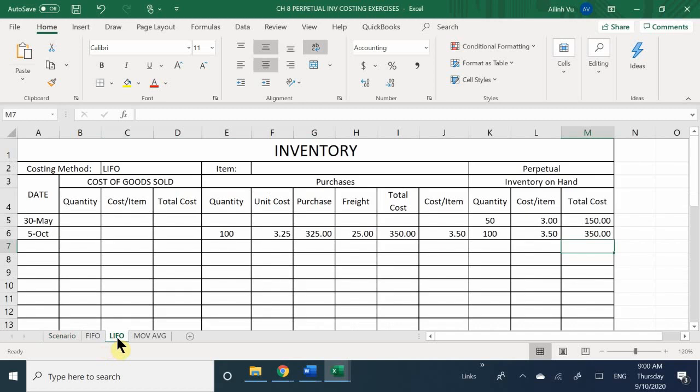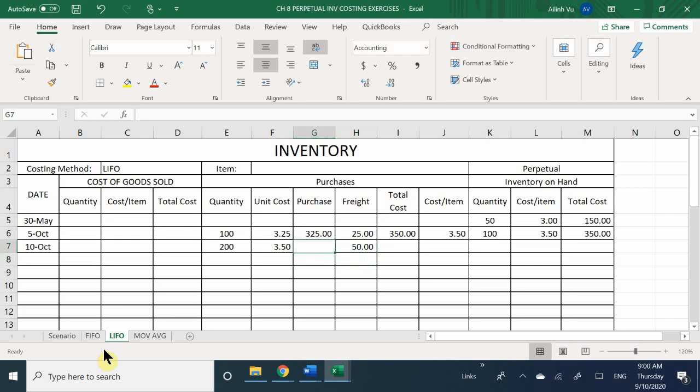So LIFO. Here, 200 items at 350 and my freight was 50.